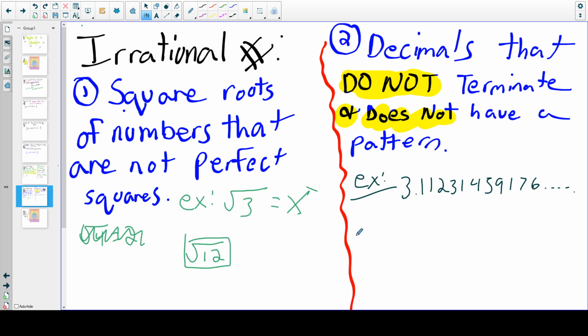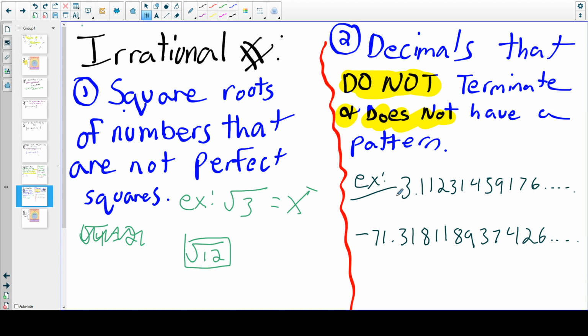One more example. If I do negative 71.31811893742 dot dot dot. Yeah, there's a couple of 8s, there's 9s, but there's no defining pattern. For example, if I said, hey, what number is going to be after 6?